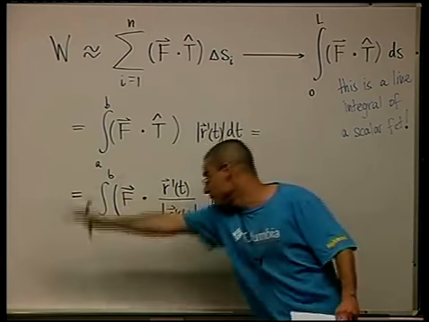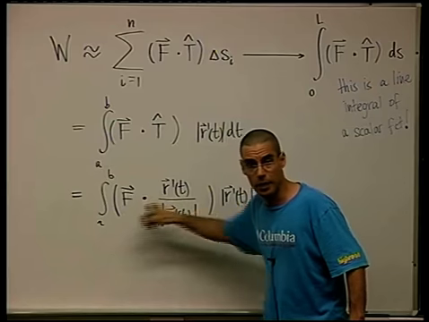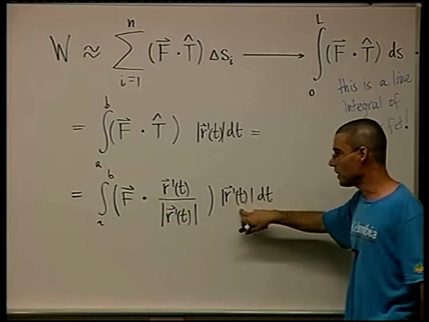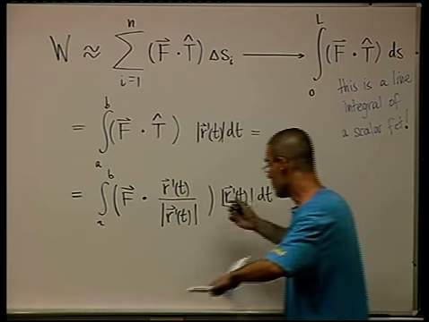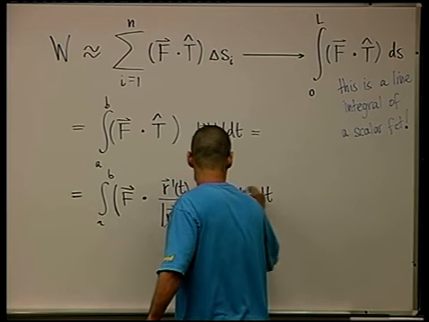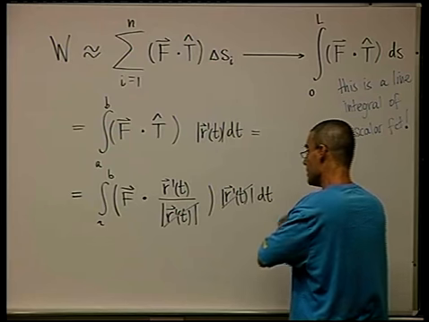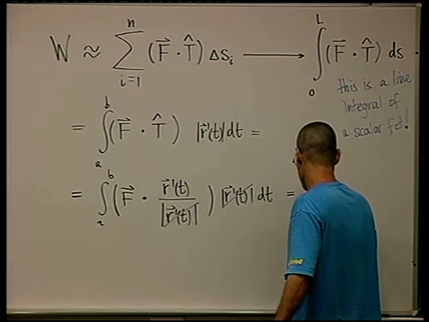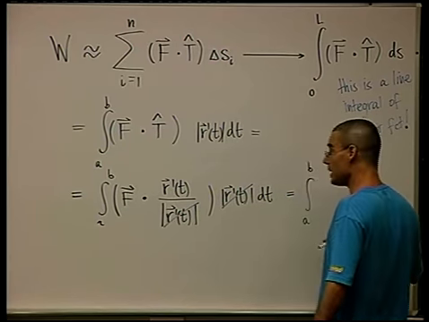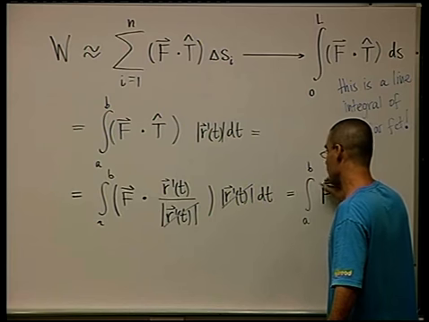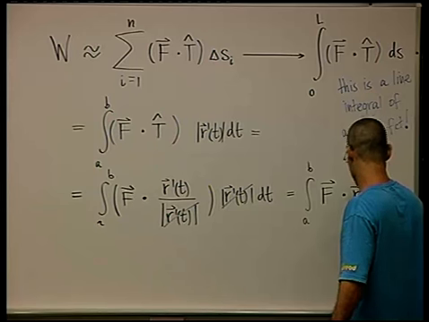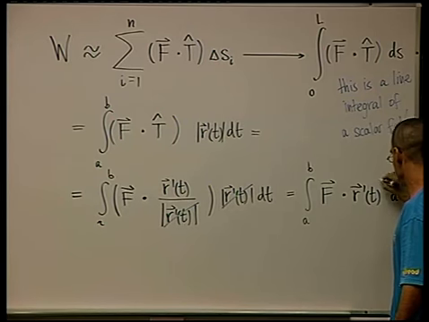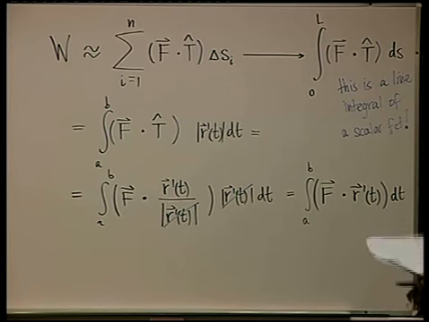I can pull it out of the dot product and cancel it out with this. Do you agree? So what I get is the integral from a to b of F dot r prime of t dt. Clear?